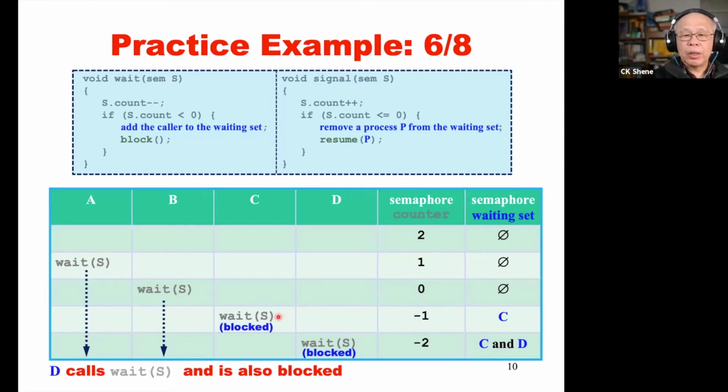As you can see, we block 2 threads here, C and D. When we block C, the value is -1. When we block D, we have 2 threads blocked, so the value of the counter is -2. Its absolute value is exactly the size of the waiting set. So far, it's very easy. I'm sure everybody understands this.